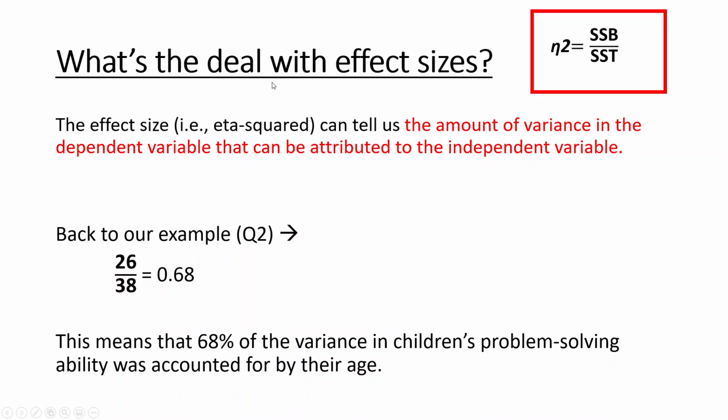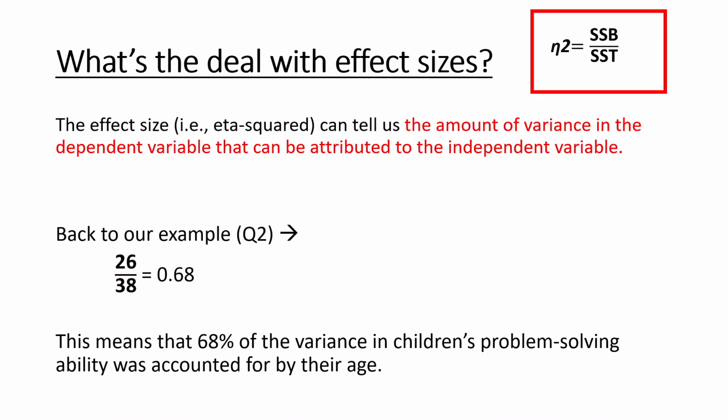First, we can give the effect size, which you'll see later how that gets incorporated into APA format. Eta squared is the effect size, and it tells us the amount of variance in the dependent variable that can be attributed to the independent variable.